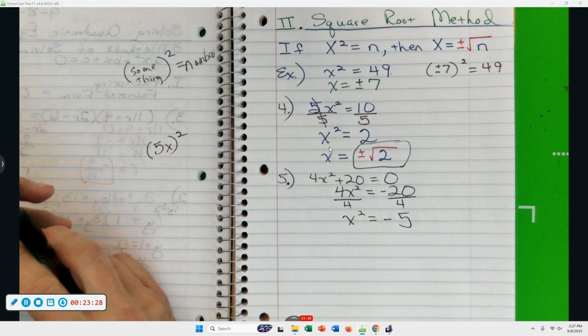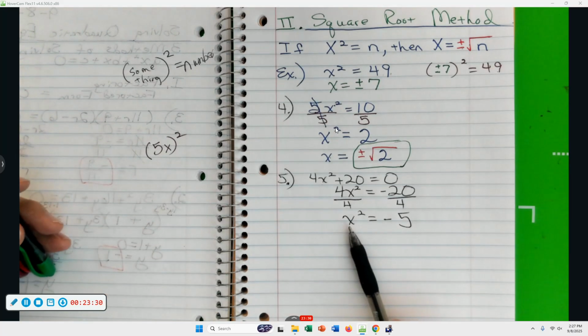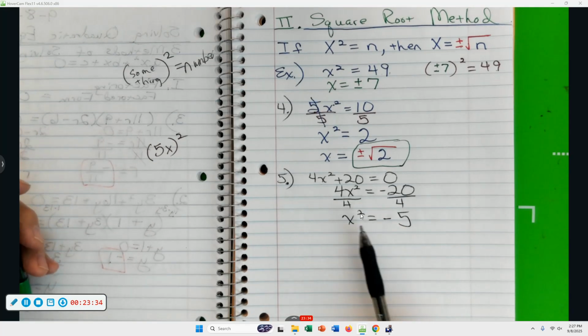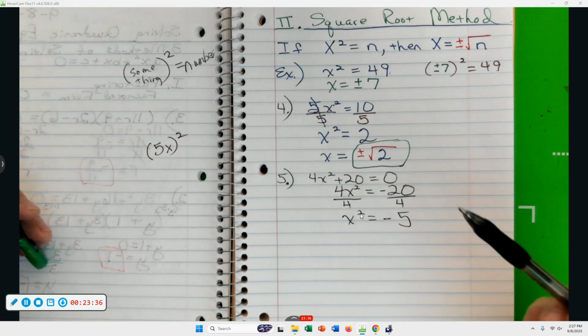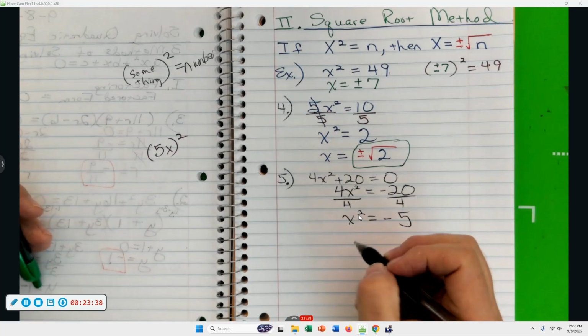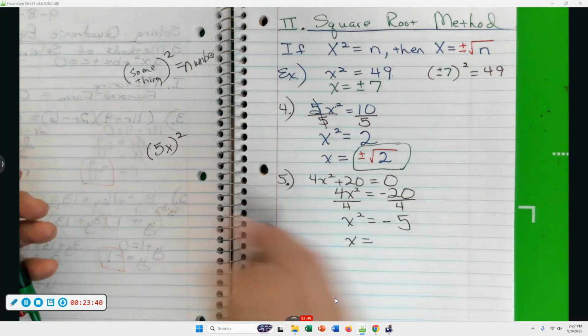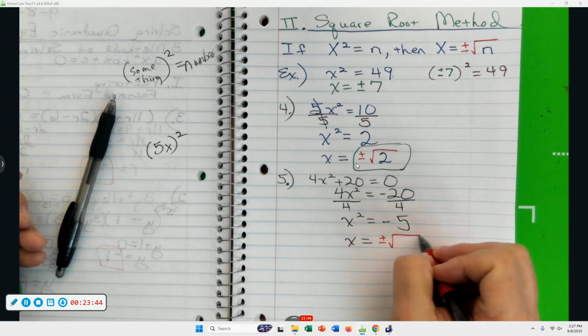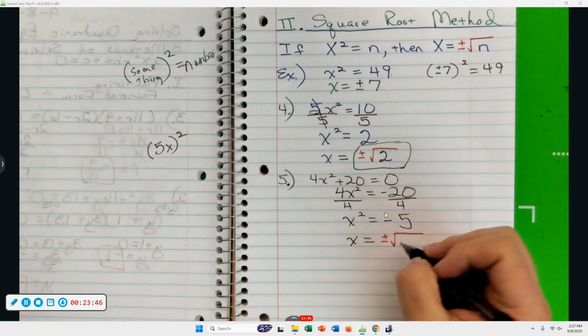And now I claim we have it in the order that we want. We're going to drop the square on the left. We pick up a plus minus square root of negative 5.